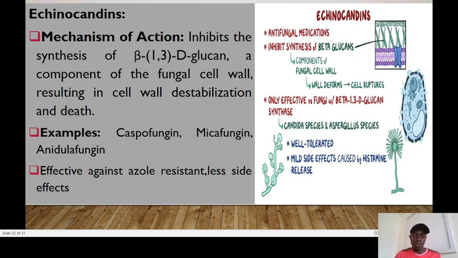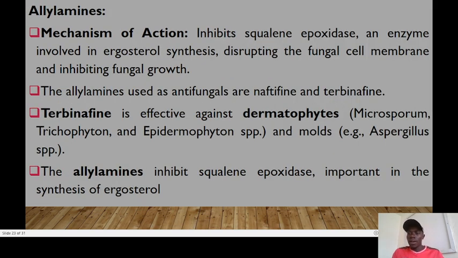All right, okay. From there, we could have the fourth group, which is the allylamines. Mechanism of action, they inhibit squalene epoxidase. So where is this squalene epoxidase important? This is an enzyme also involved in the ergosterol synthesis, and inhibiting it disrupts the fungal cell membrane and inhibits fungal growth.